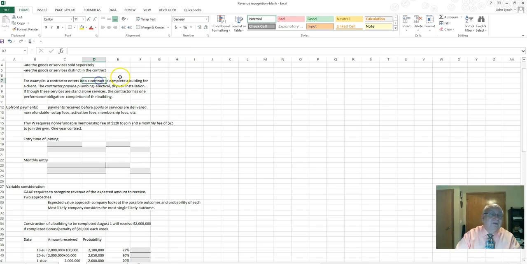The contractor provides plumbing, electrical, and drywall installations. Even though these are standalone services, the contractor has one performance obligation, which is the completion of the building. If he had entered into separate contracts for plumbing, electrical, and drywall, it would still be the completion of the building that it's for.